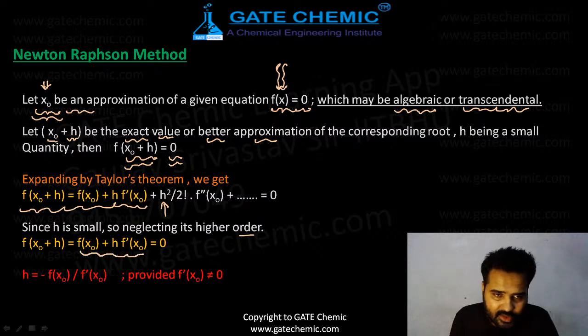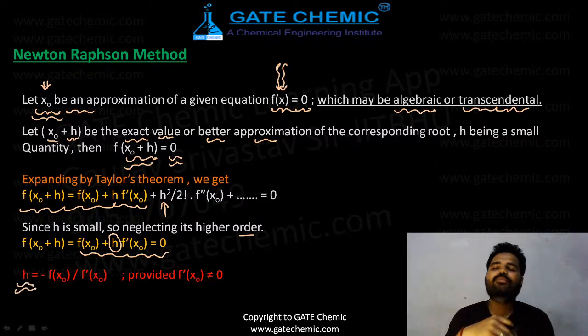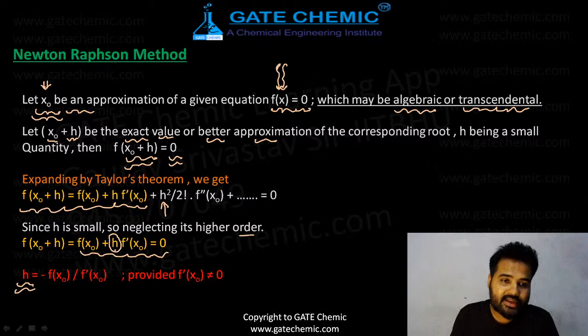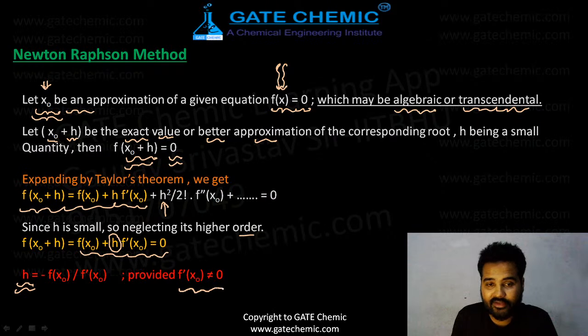If I check this equation and want to get the value of h only, solve for h only. You can see h f'(x0) = -f(x0). So h = -f(x0)/f'(x0). And this is valid only if f'(x0) is not equal to 0.